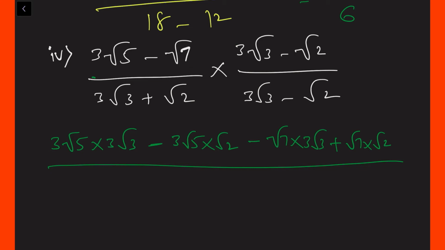So if we observe the denominators, 3 root 3 whole square minus root 2 whole square.